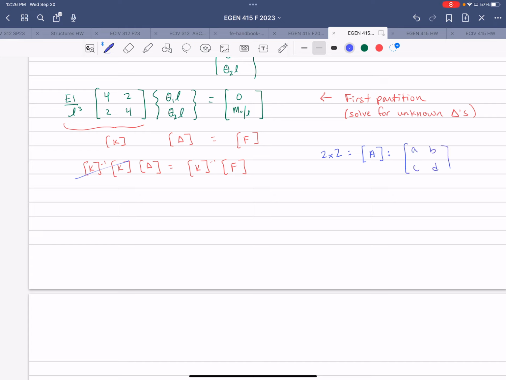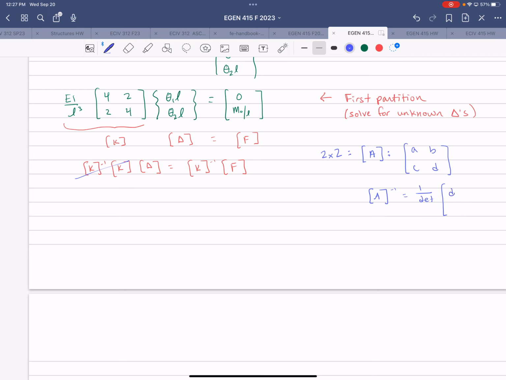So if you have a matrix with values A, B, C, D, the inverse is 1 over the determinant, which is just the difference between the cross products, times you swap the position of the diagonals and change the sign of the off diagonals.